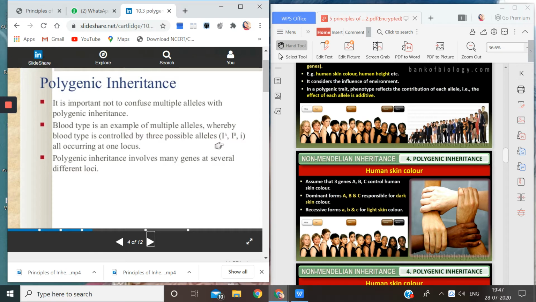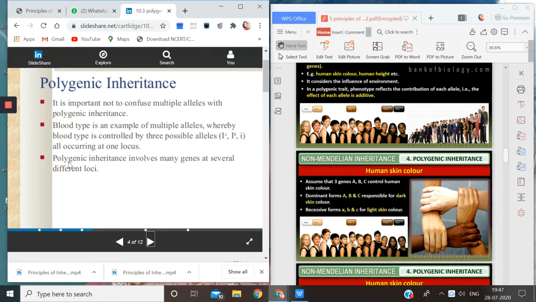If it was IA, the locus was the same. If it was IB, the locus was the same. And if the blood group had small i as the allele, the locus was still the same.